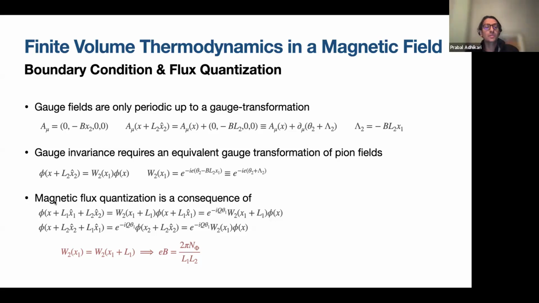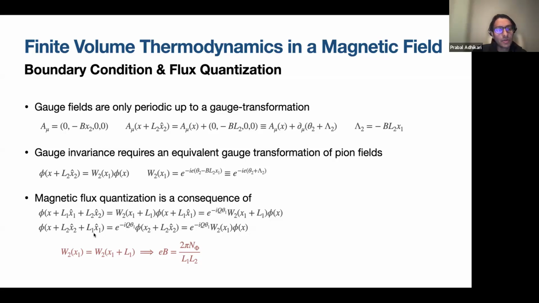You end up at the same point in doing this. If you choose to go in the second direction first, the Wilson line depends on the first coordinate, which is x1 plus L1 in this case. And then you go around the box in the second direction, that picks up a trivial gauge transformation with a twist, and that also appears in the opposite ordering.